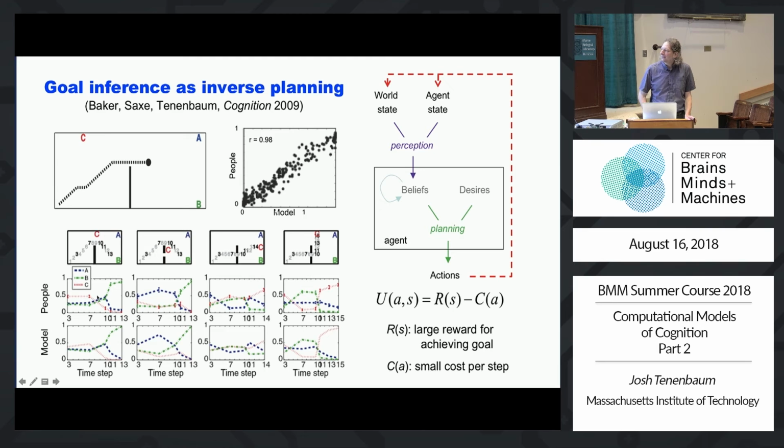Sometimes you can't tell, and then at some point it really resolves into these two. Sometimes, like here, you think it was A until between 10 and 11. Up until point 10, you think the agent's headed for A, but then they take a step in this direction, and I think, oh, I guess it's B, right? There are all sorts of double or triple switches in these domains. I'm just showing you 4 of dozens of such situations.